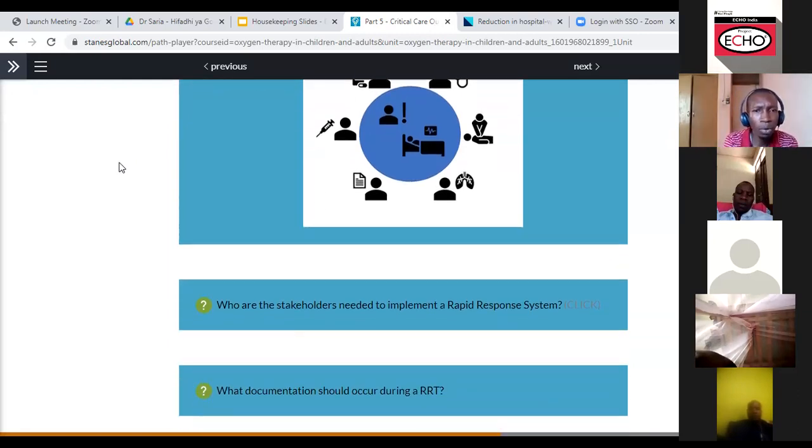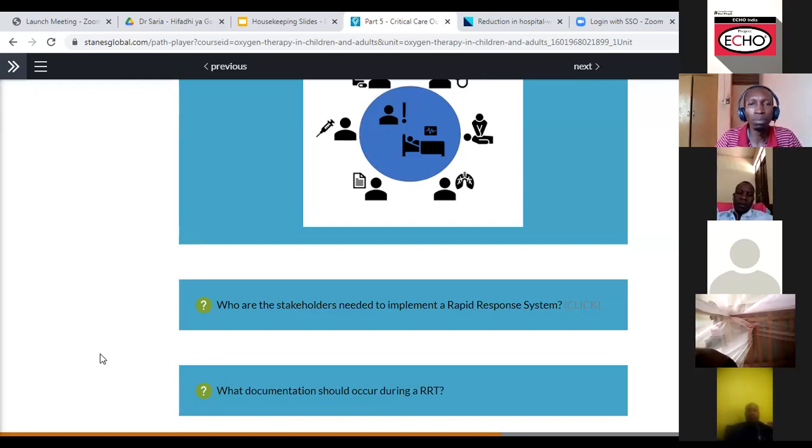And we have another component here. Who are the stakeholders needed to implement a rapid response system? I think we have already answered it in the very beginning of our discussion. We said the rapid response system has the administrative part and the rapid response teams. These are the effectors, the teams on the ground, comprising the people who will be on the scene.